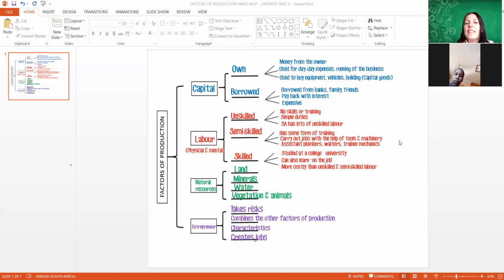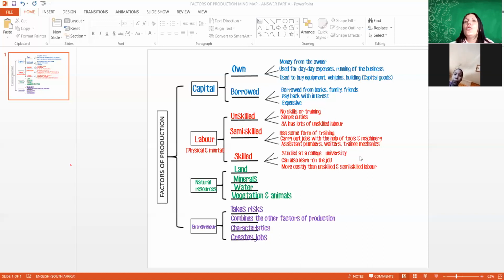Right, then we look at skilled labour, and that is people who have studied at a technikon or a college or a university, and they normally have some form of certification, a degree, or a diploma. It can also be that people have done something for a very, very long time, and they learned a skill, and they became highly specialized or qualified in that specific skill while doing the job.